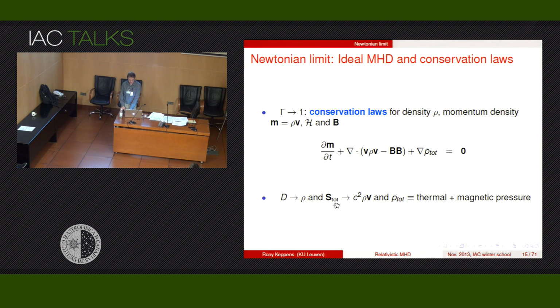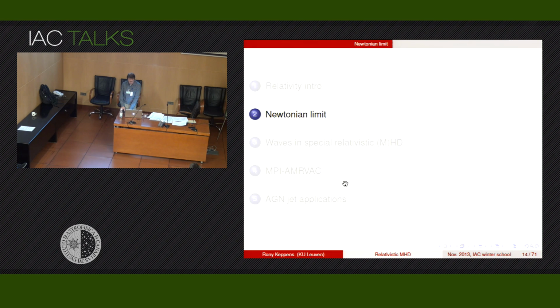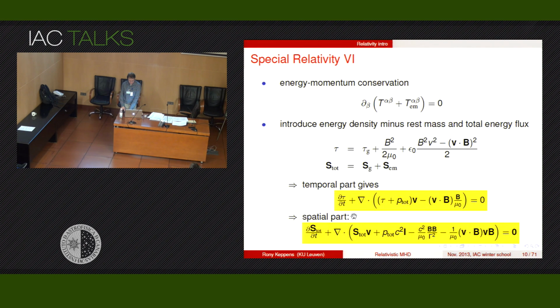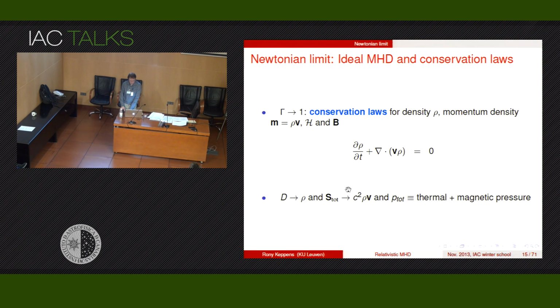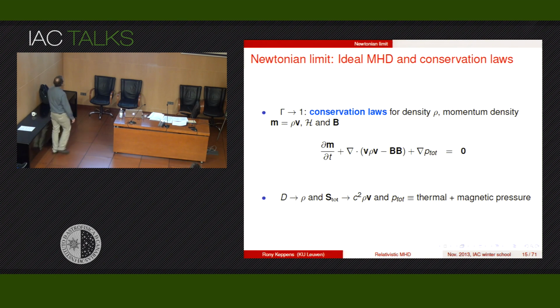Again, this total momentum is this, and you have to collect a few terms that have appeared on the slides. I'm going to tell you that with these introduced variables, we actually land in the Newtonian limit on this, which you may or may not recognize as the momentum equation written in conservation law form, where the contribution of the Lorentz force is split into its tensional part and pressure part over these two parts here.